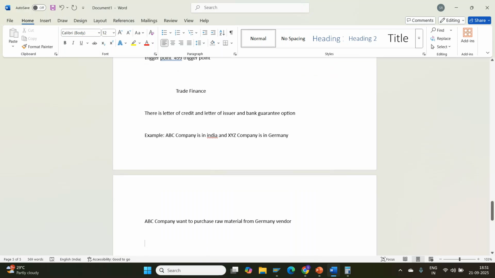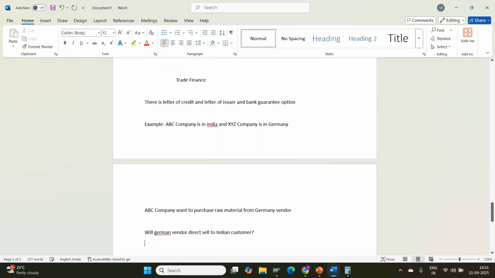Now you can see, this company wants to purchase raw material from a Germany vendor. That is fine. Will the German vendor sell directly to an Indian customer? Will you sell?